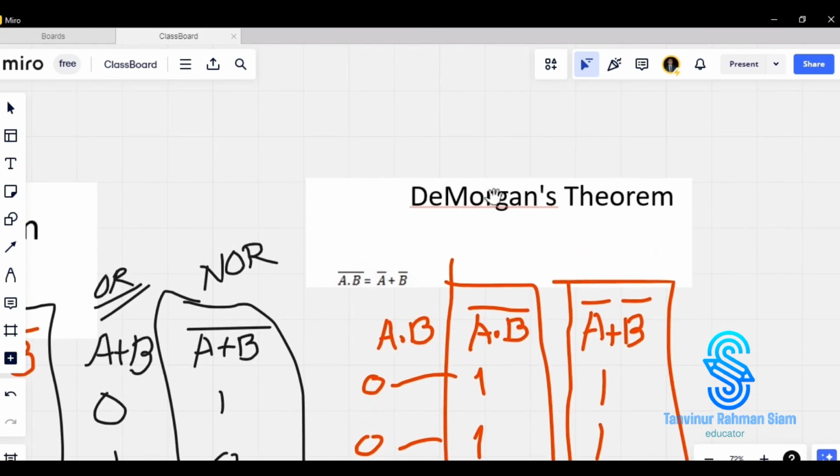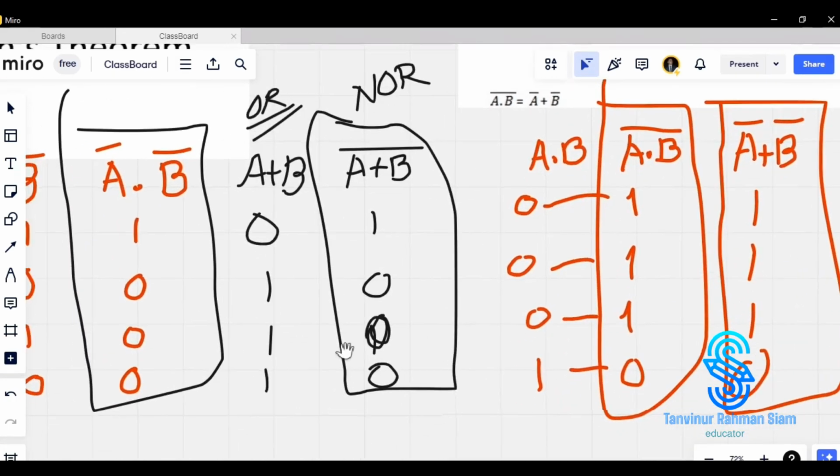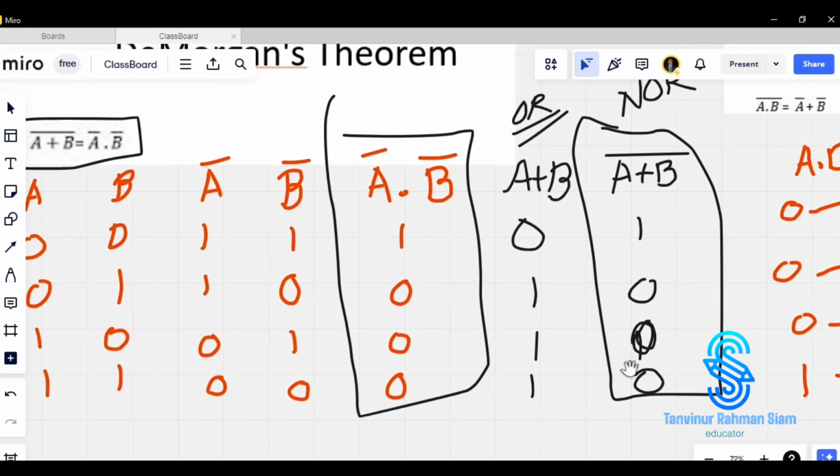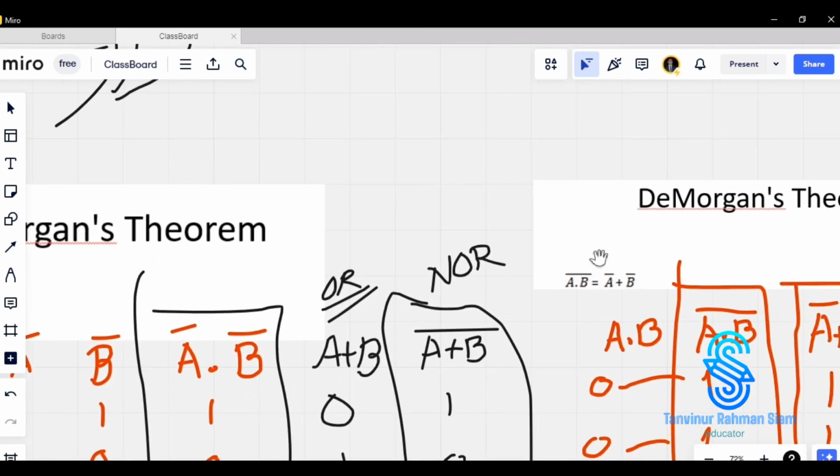So we have already proven DeMorgan's theorem with the help of our truth table. So you need to have the basic knowledge of the truth table while proving these DeMorgan's theorems.